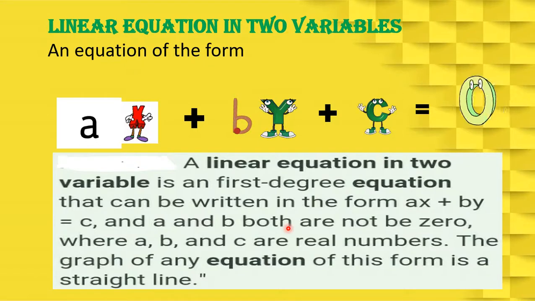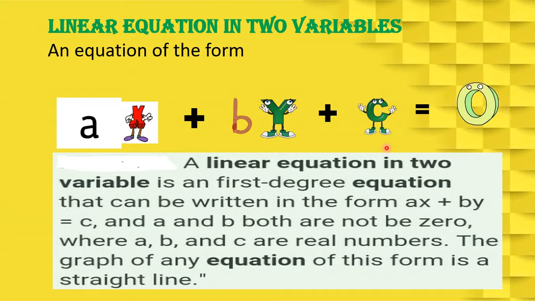Here a, b and c are real numbers, and a and b must not be equal to 0. If a and b both become 0, there will be no variable present. So ax plus by plus c is equal to 0 is a linear equation in two variables.